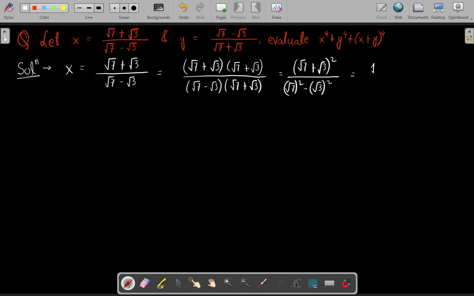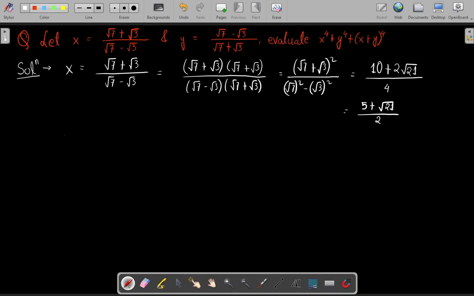So 7 plus 3 is 10 plus 2, where a is root 7 and b is root 3, so the product gives 2 root 21. In the denominator a square is 7 and b square is 3, so a square minus b square will be 4. So it comes out to be (5 plus root 21) upon 2.